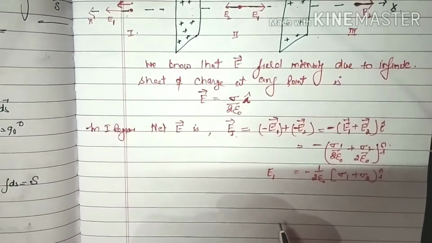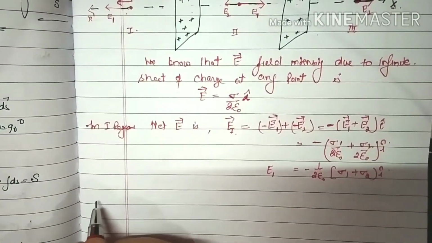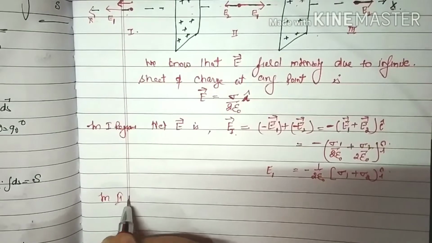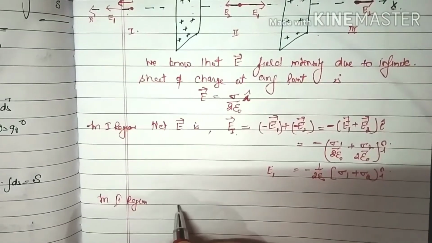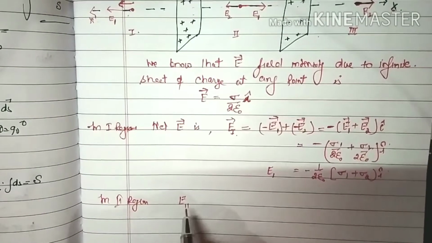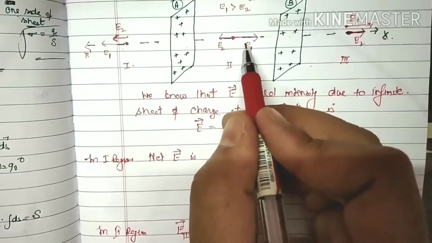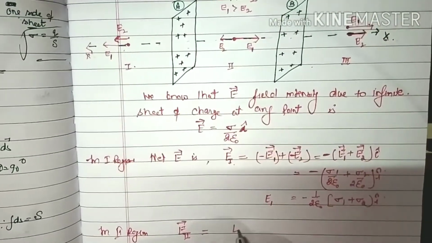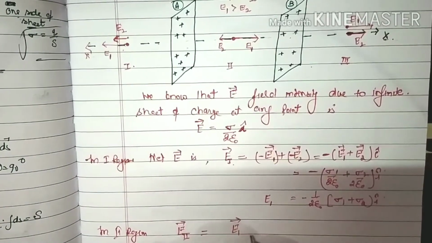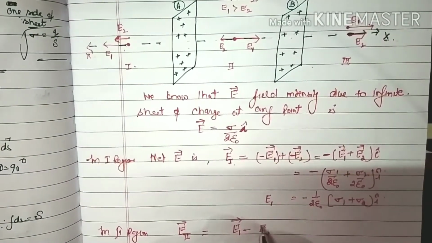Now in the second region, the electric field intensity is, you see in this second region, E1 is along the positive x-axis and E2 is toward the negative x-axis.